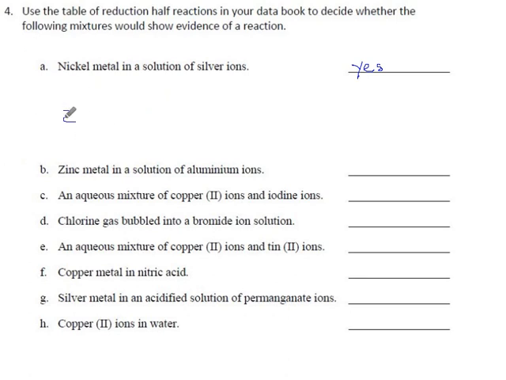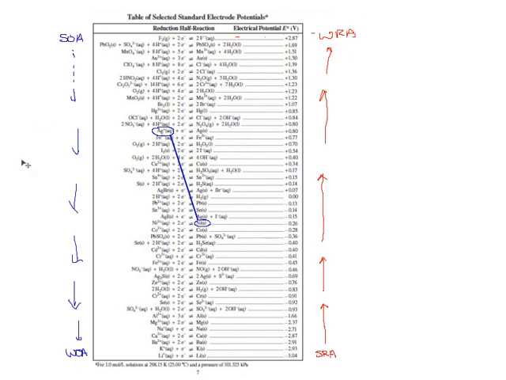Zinc metal, aluminum ions, and water again, because they said solution. So zinc, aluminum ions, water. Technically, every time you do this, you start at the top and you go nope, nope, nope.